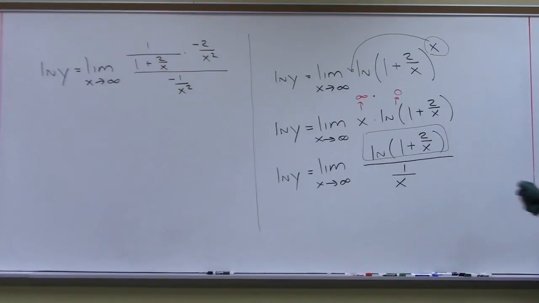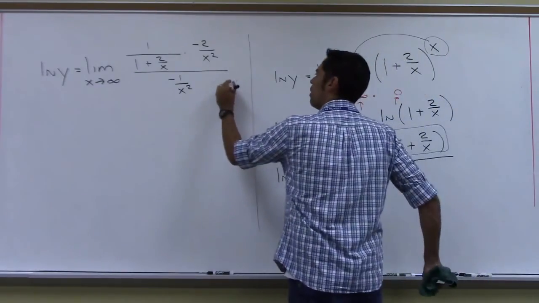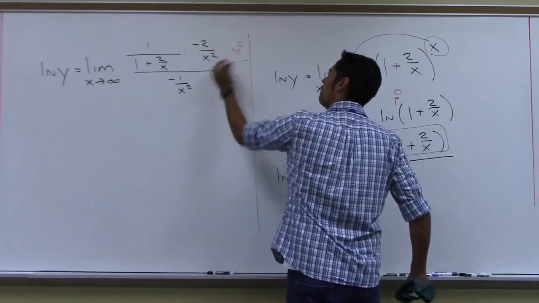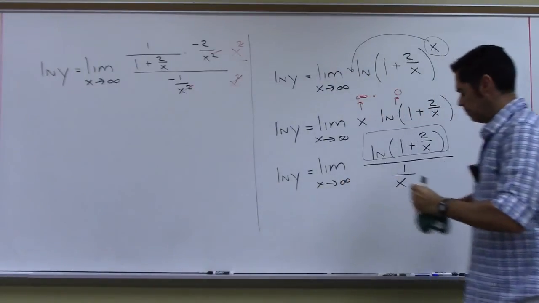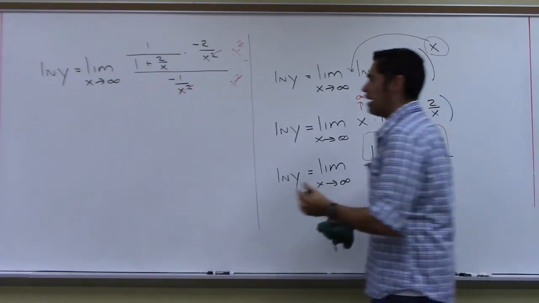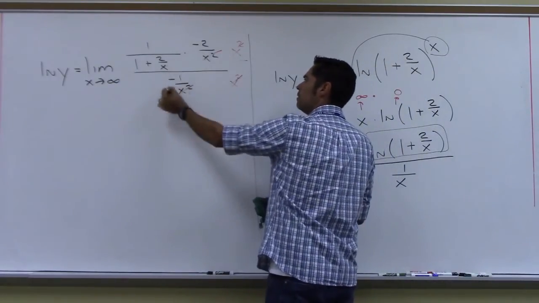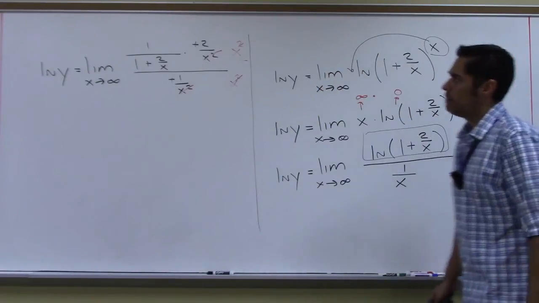You see anything? The x squareds. You basically can multiply the top and bottom here by x squared, and it'll cancel here, and it'll cancel here. What about the negative 2 and the negative 1 there? Negatives and negatives gone. It's a positive, right?